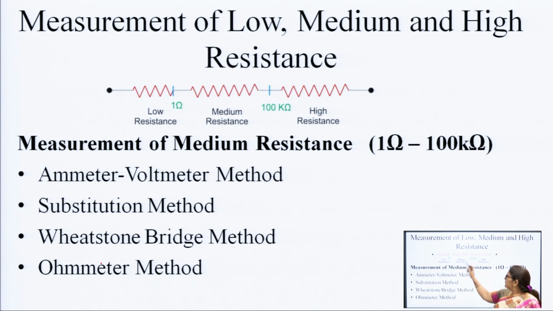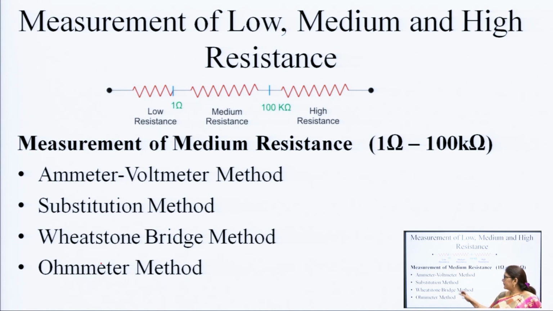So, these are the divisions of low, medium and high resistances. When we want to measure medium resistance, which has a value between 1 ohm to 100 kilo ohm, there are many methods.